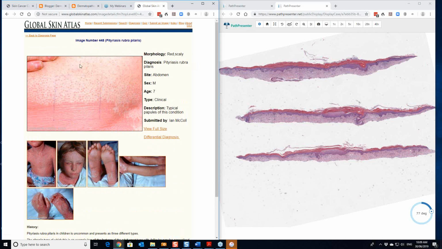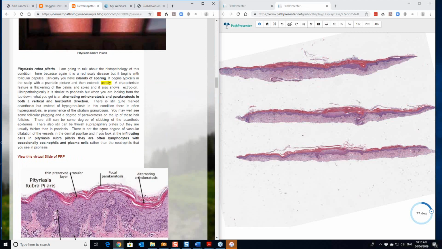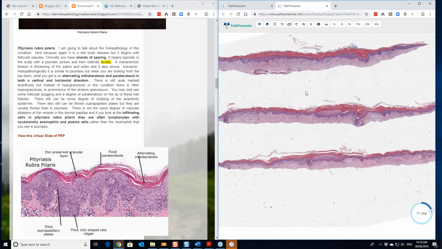So what does the histology look like? Okay, we'll go back to that, but we'll take it on this side. This is an example here. Now, this has been a shaved example. You can see there's a bit of acanthosis there.